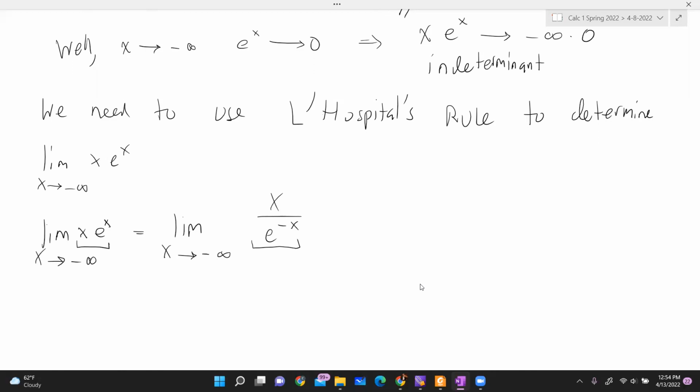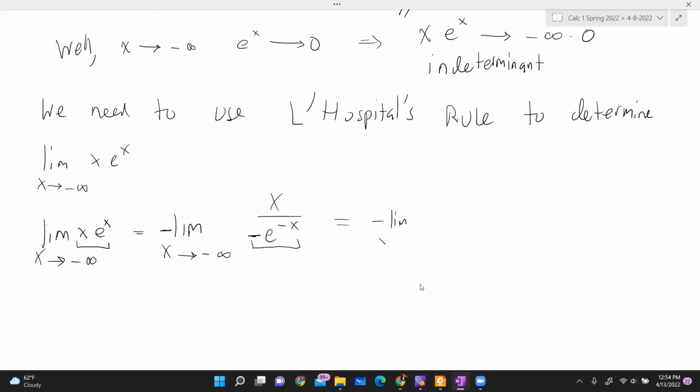And as x goes to negative infinity, e to the negative x goes to positive infinity. So we get negative infinity over infinity, so we just need to throw some negatives in here. Now we get infinity over infinity. And I didn't change the expression at all, because this negative cancels with this to give me the original limit. And so at this point, we can use L'Hopital's rule.